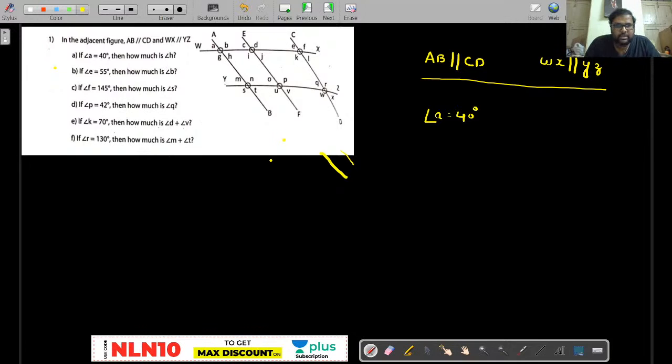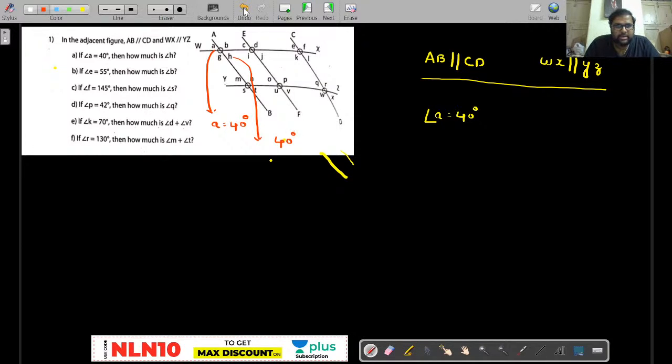Now observe here, this is angle A. Angle A is given as 40 degrees it seems. Now what is angle H? Now see here, A and H are vertically opposite angles, so angle H will also be equal to 40 degrees. Am I right or wrong? Yes, one simple basic point.